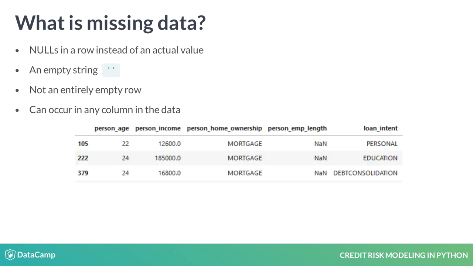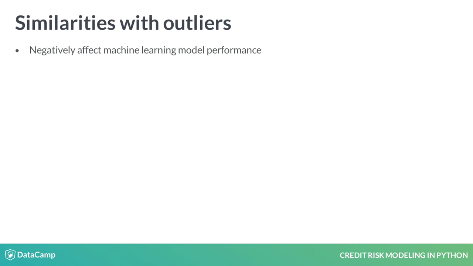If we see a row of data with missing values in a Pandas data frame, it will look something like this. Notice for employment length we see NaN, or not a number, instead of a value. One issue with missing data is similar to problems caused with outliers in that it negatively impacts predictive model performance.